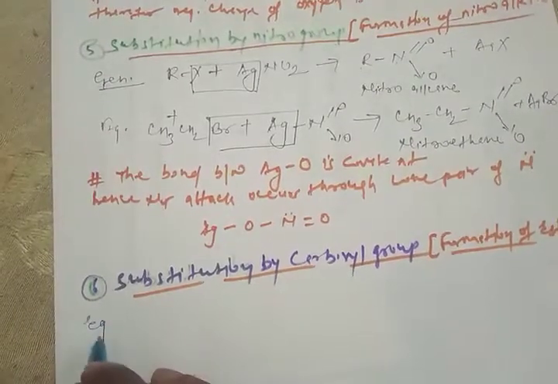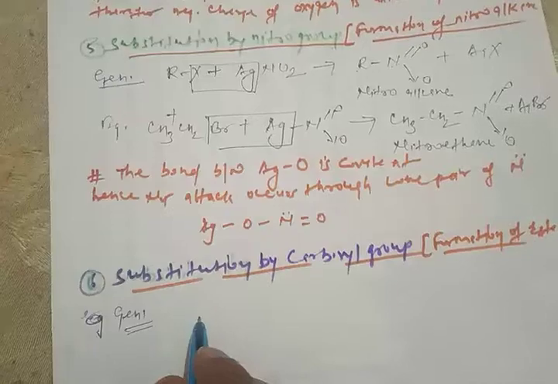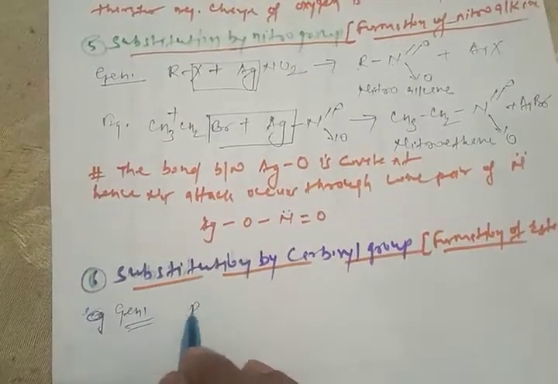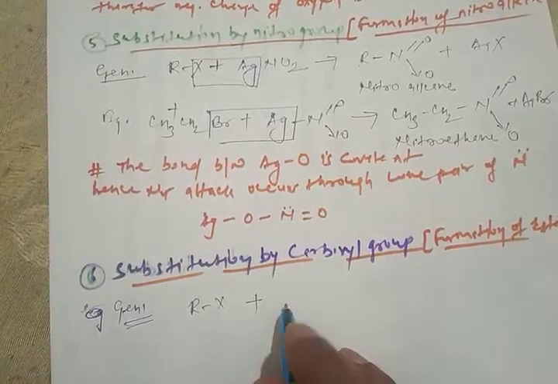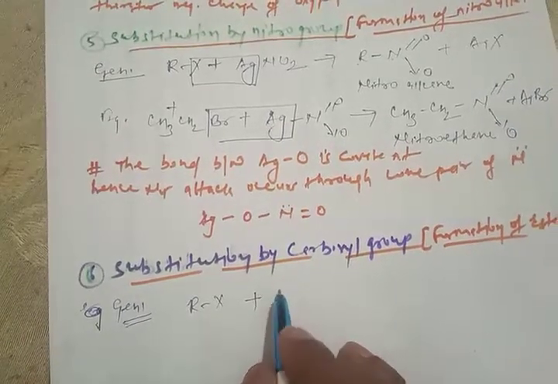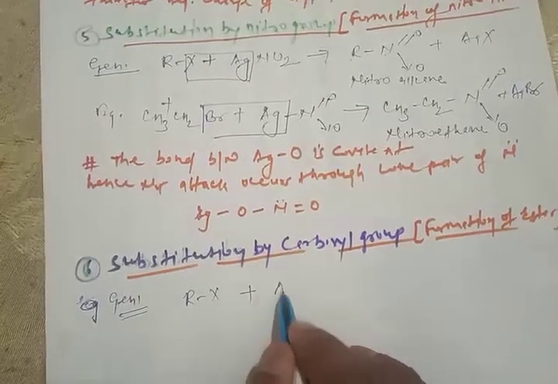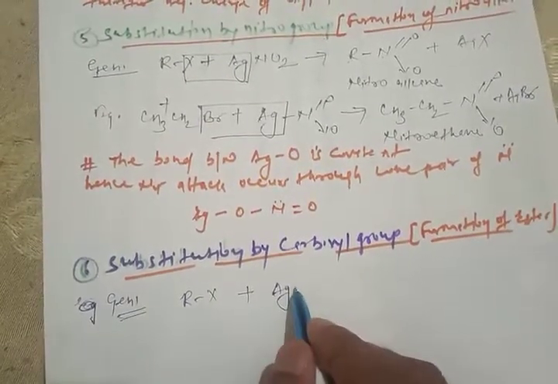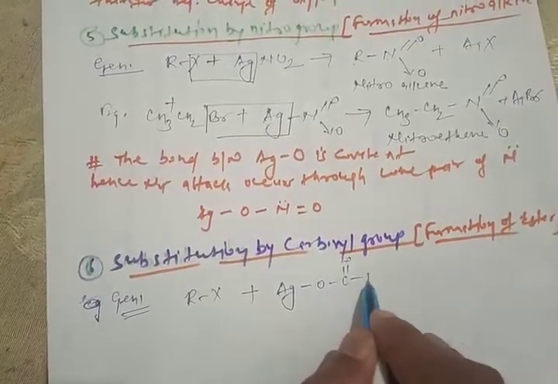In the general equation we have RX, then we'll take the salt of any carboxylic acid. Okay, because the carboxylic acid cannot directly combine, that is why we need the salt of that.